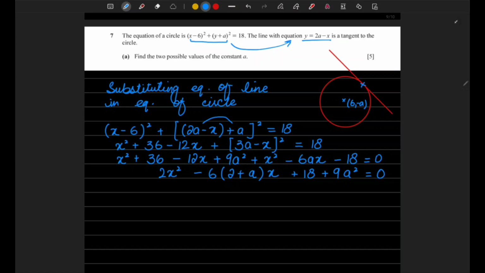Now what to do with this quadratic? Whenever we have one point of intersection, and we have two unknown variables, we first arrange it in the form of a quadratic again, and then we use the discriminant. So for one point of intersection, b squared minus 4ac equals 0.